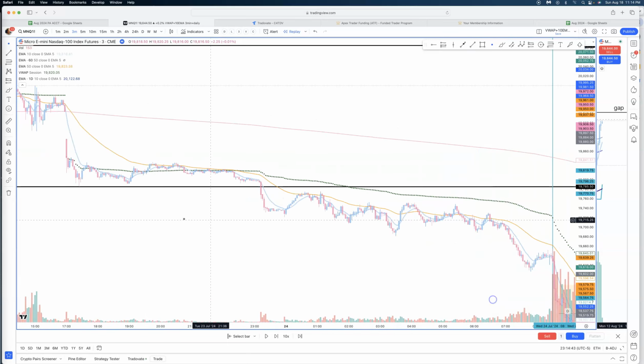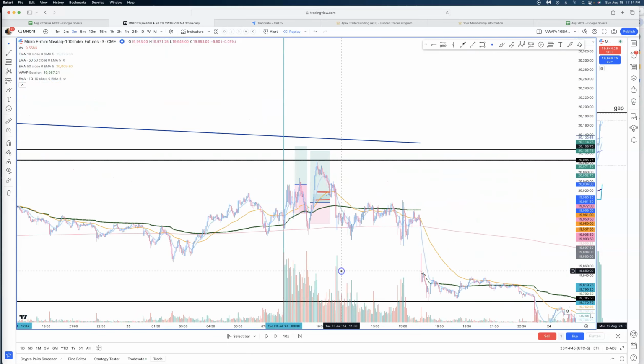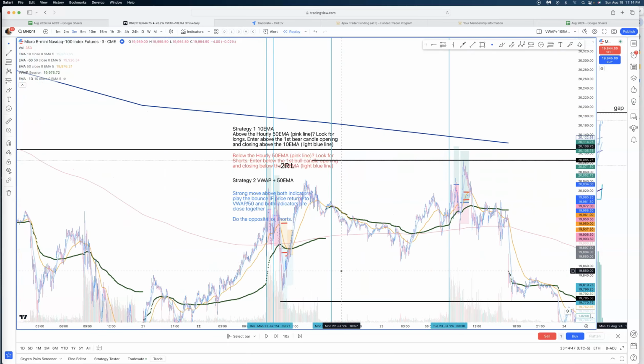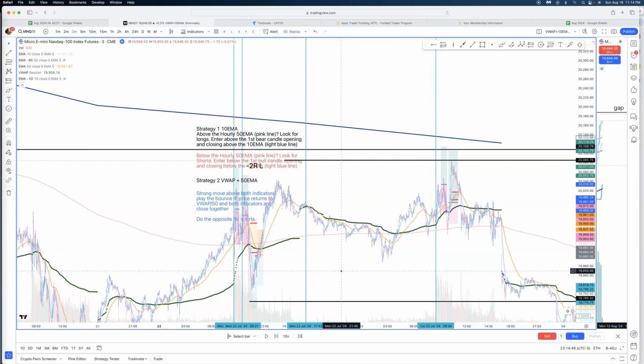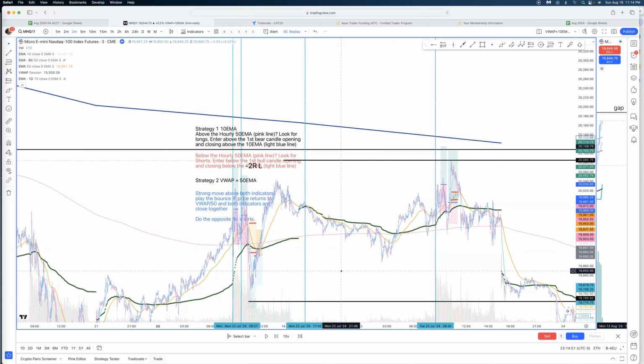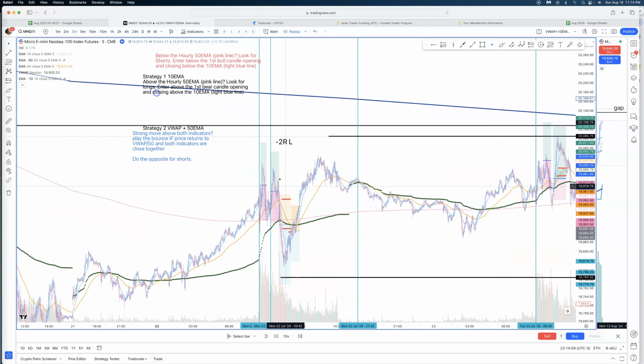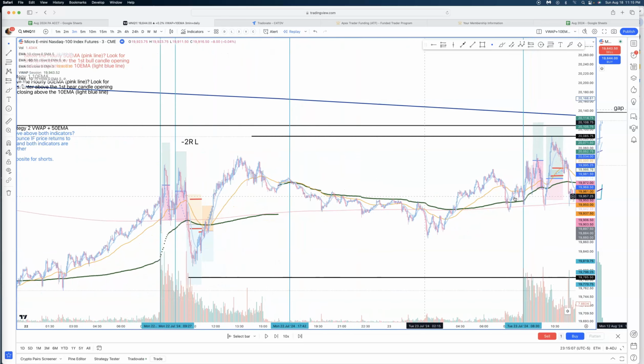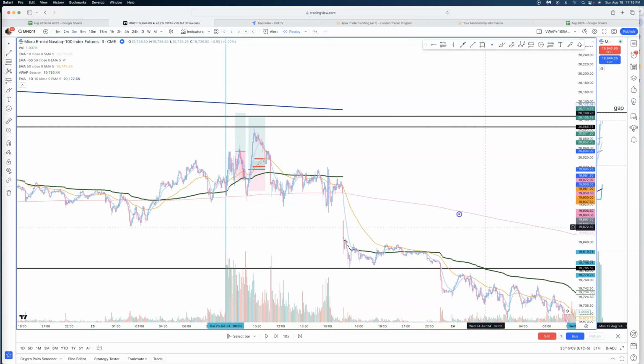Or wait, let me see. I forgot Apex has that crazy trailing drawdown thing. And actually my drawdown will be calculated from here because that was the high in this trade. I don't know where I'd be. I'm not going to do the math right now.